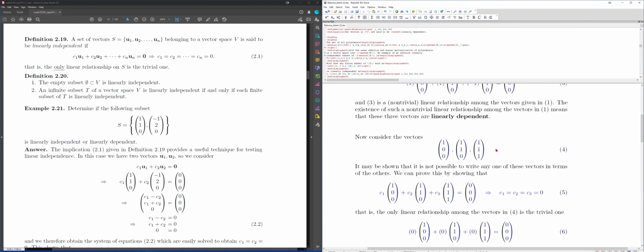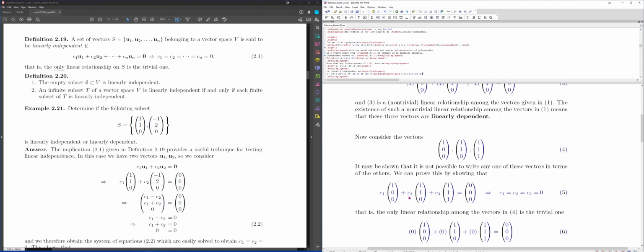Okay, so remember this example here. I have these three vectors and I want to determine if they're linearly independent, and how I do that is I consider this vector equation. Given this vector equation, if I solve it, the scalars must all be equal to zero. And I outlined how you go about solving this vector equation.